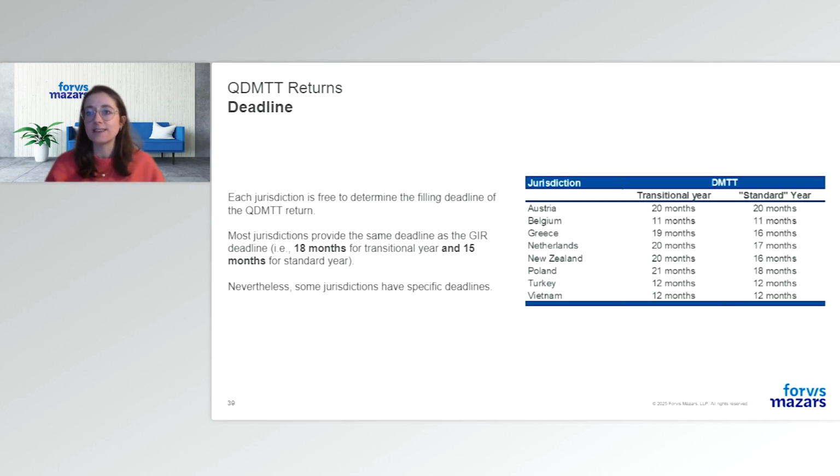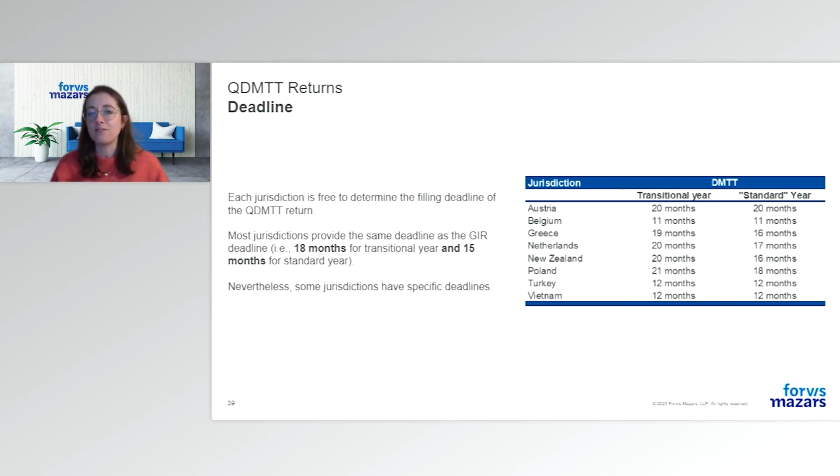That's also a thing that each jurisdiction is free to determine. As you can see, most jurisdictions provide the same deadline as the GloBE information return, meaning 18 months for the transitional year and 15 for a standard year. However, there are some jurisdictions that are doing their own thing. They have a specific deadline. For example, here, Austria with 20 months, which is okay because it is longer than the GloBE information return deadline.